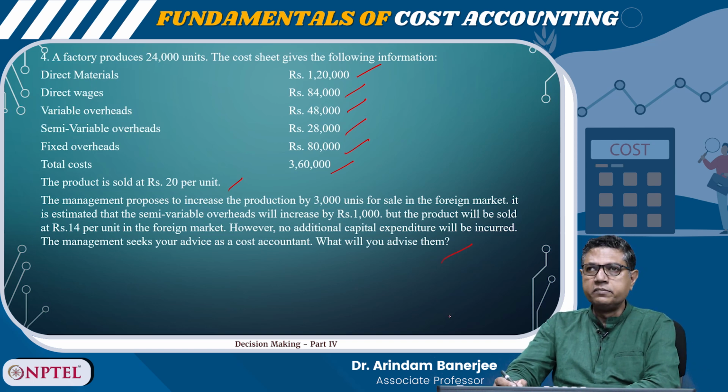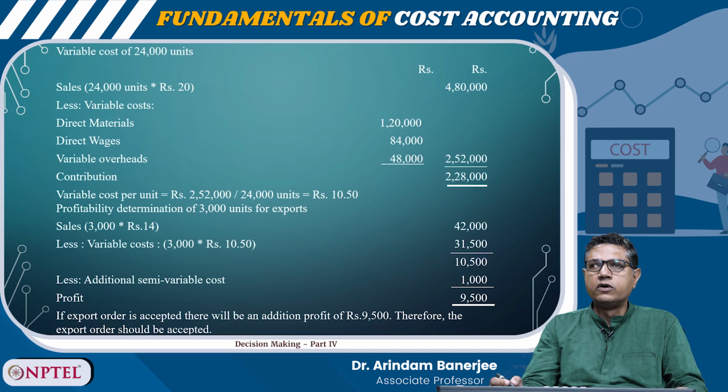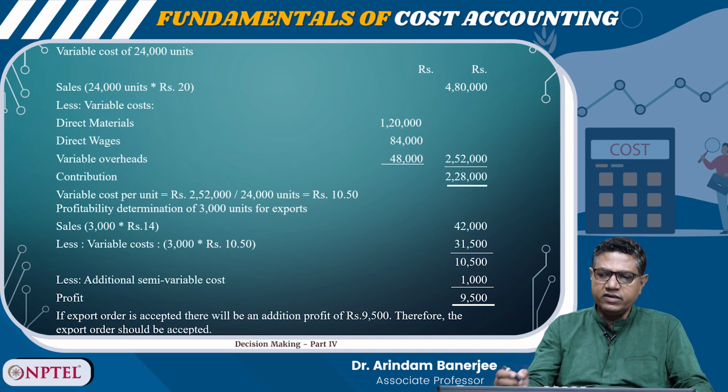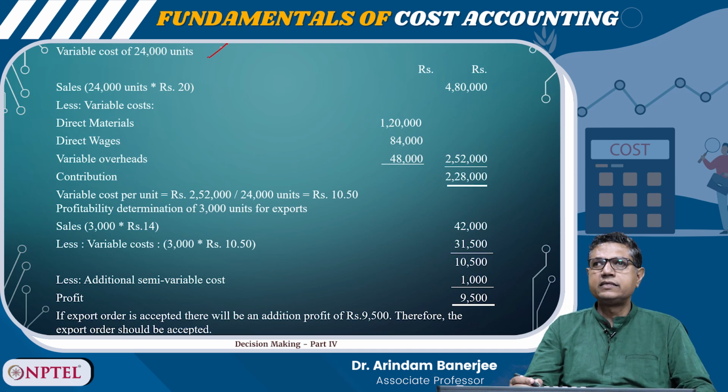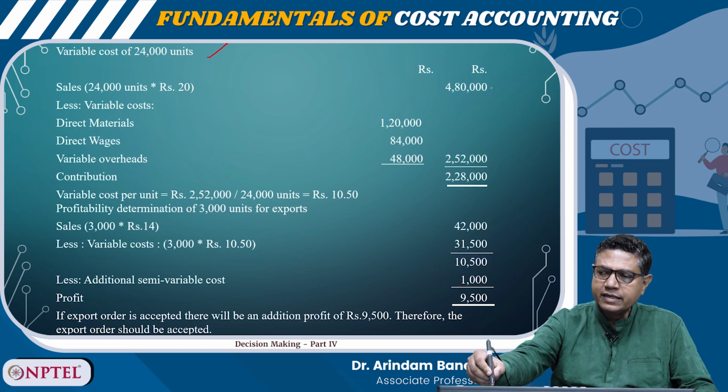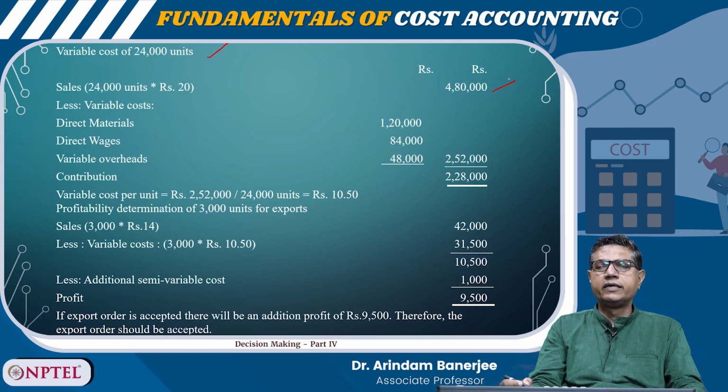So, now let us go to the solution. Variable cost is given at 24,000 units. So, sales is 24,000 into rupees 20 per unit. So, it comes to 4,80,000, right.